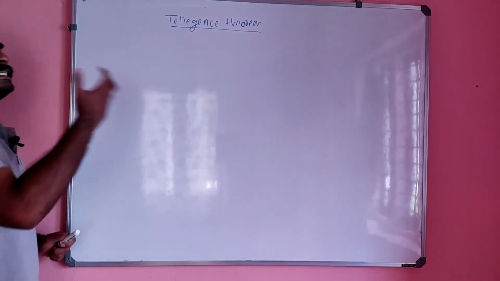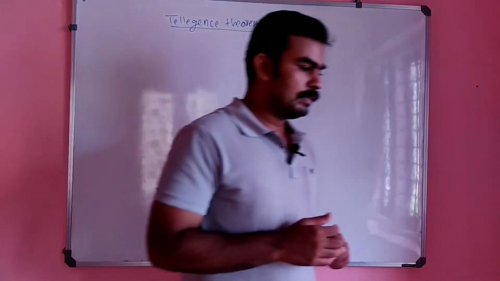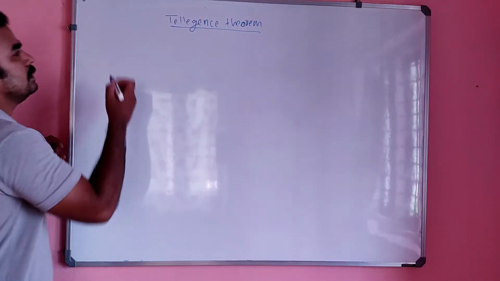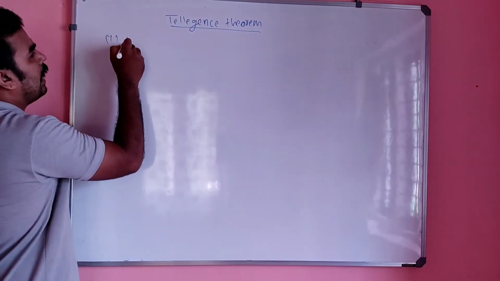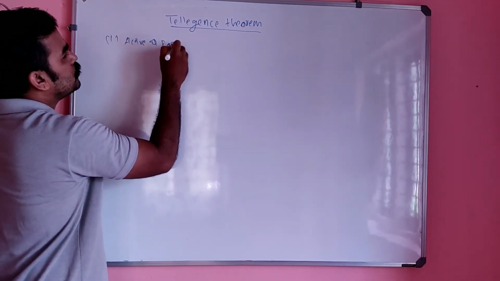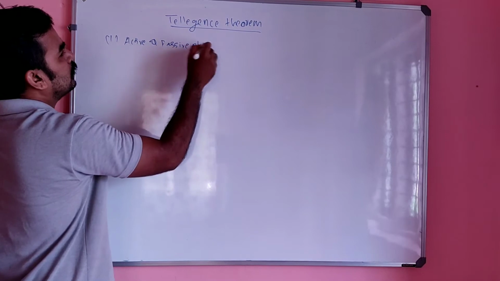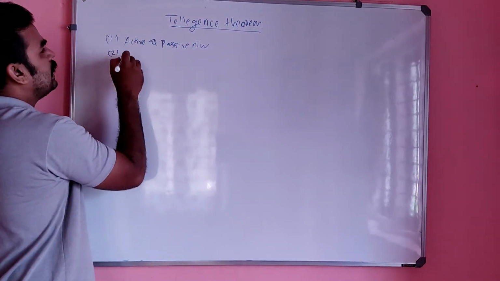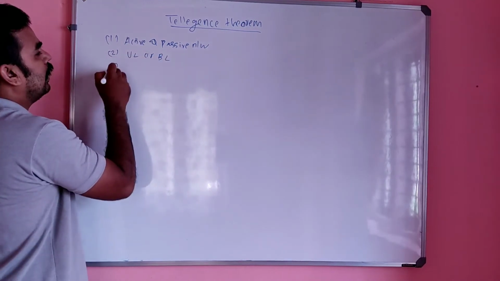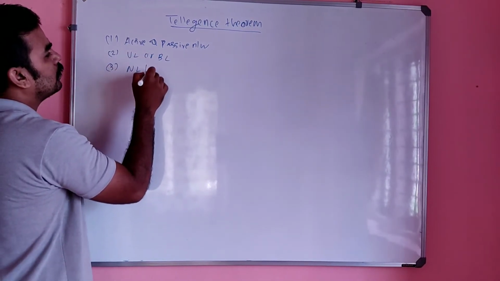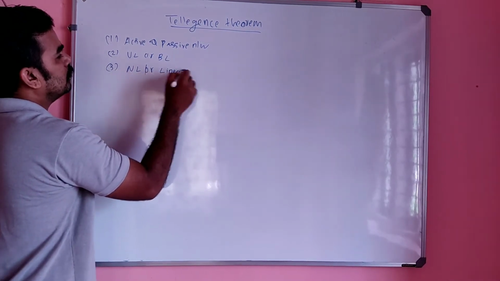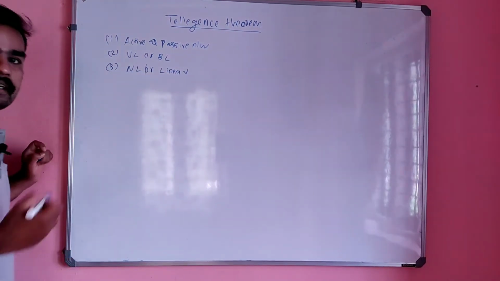So Tellegen's theorem states that in any circuit, the peculiarity is that this theorem is applicable to both active and passive networks, unilateral and bilateral networks, and linear or non-linear networks.